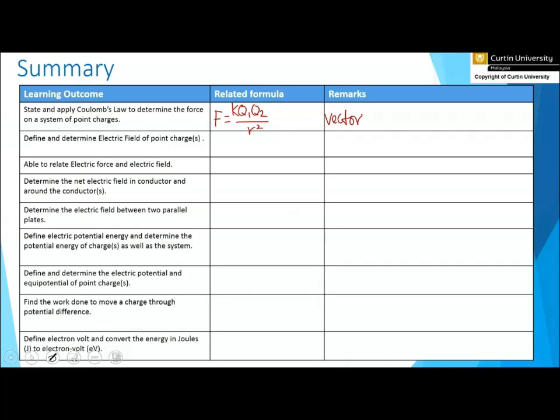So how do we determine the direction? Same charges repel, but opposite charges attract.